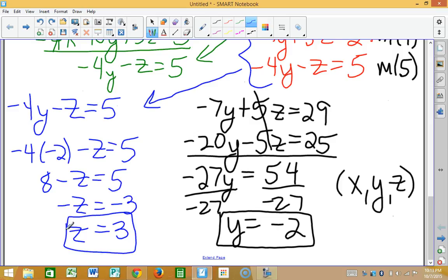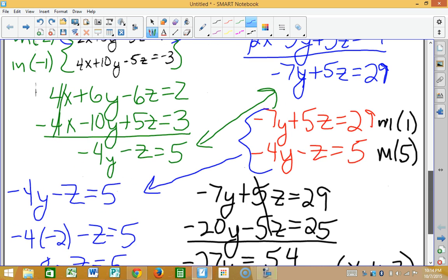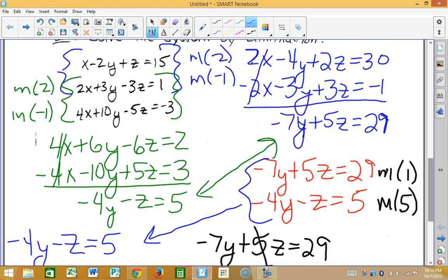Okay, so we have z is 3, and we have that y is negative 2. So all that's left is whatever x is. So how do you find x? Well, we have z, we have y. What we're going to do now is go back up, all the way back to the beginning, and take one of the original 3 equations.